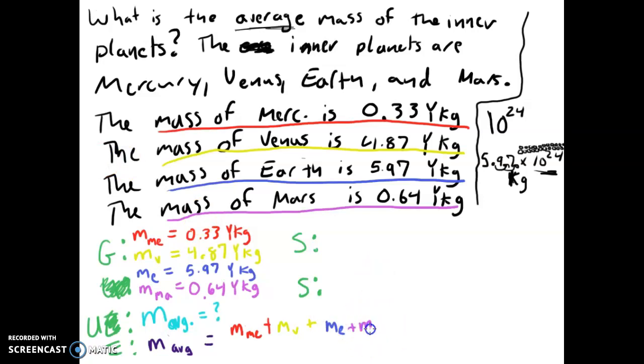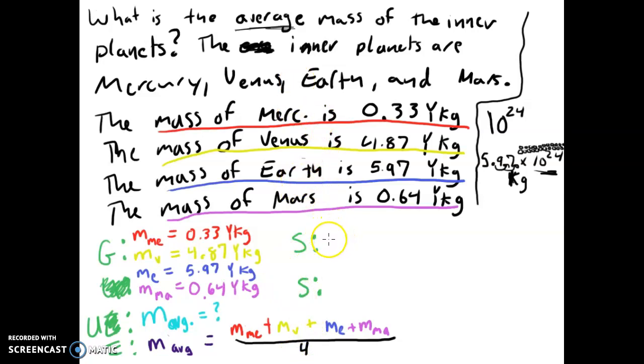And of course, a very important step here for averages is we have to divide by however many things we added. In this case, there were 4 masses that we're averaging, so we divide by 4. Okay, so now I'm going to substitute and solve.